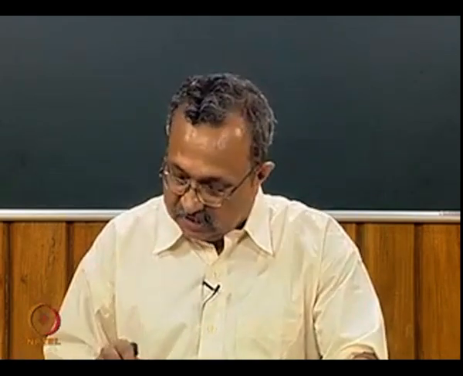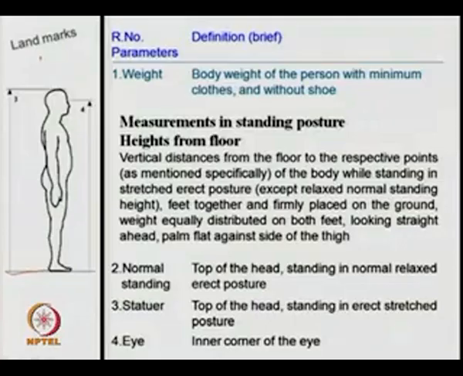Normally, when a person is standing in a normal relaxed erect posture, this is the normal standing height. Normally heights are measured in millimeters. The stature is this number 3. These are reference numbers and these are the parameters.